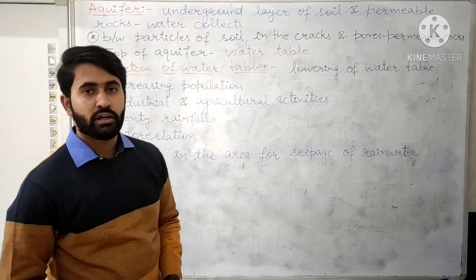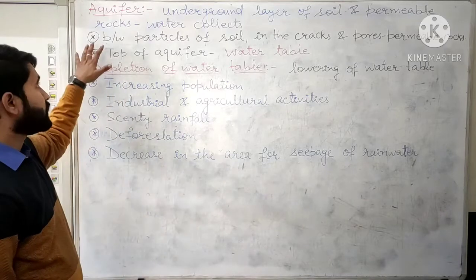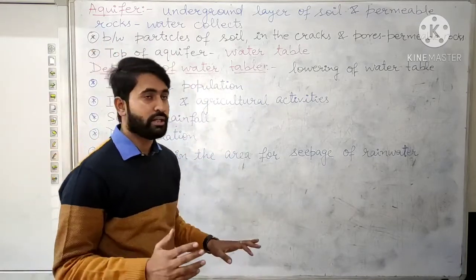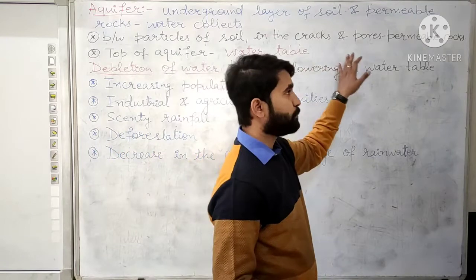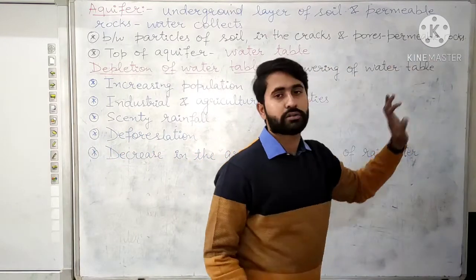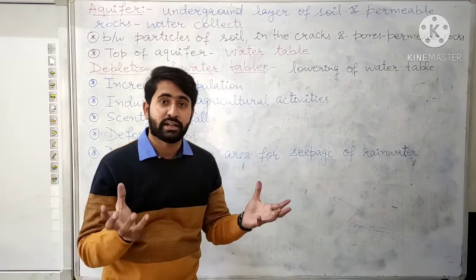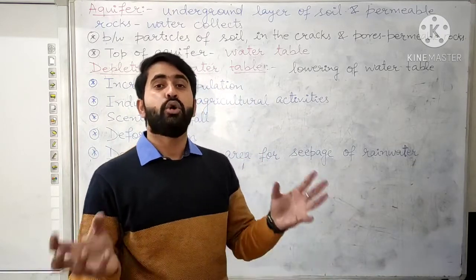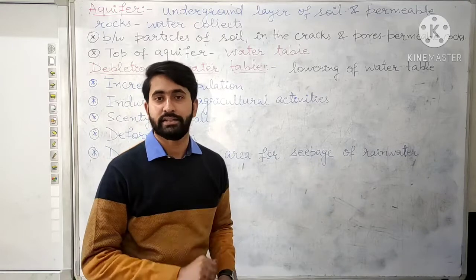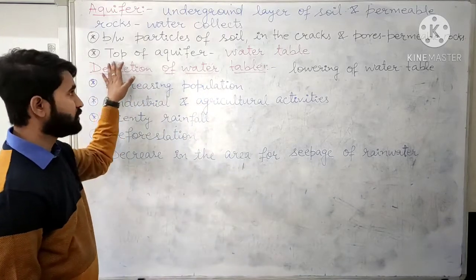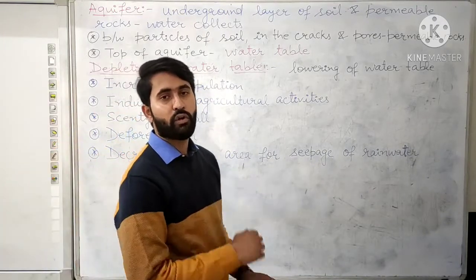In an aquifer, water is stored between the particles of soil, in the cracks and pores of the permeable rocks. We can assume an aquifer as a giant underground sponge which holds the groundwater in it. The top of the aquifer is known as the water table.